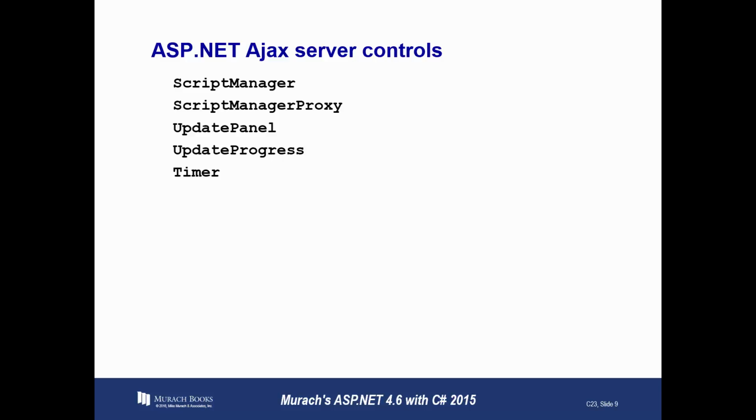The update panel control is a container control that holds other server controls that are updated during the asynchronous postback. All the controls inside of the update panel control are updated at the same time. The page can have multiple update panel controls, and each of these panels can have their own different controls.